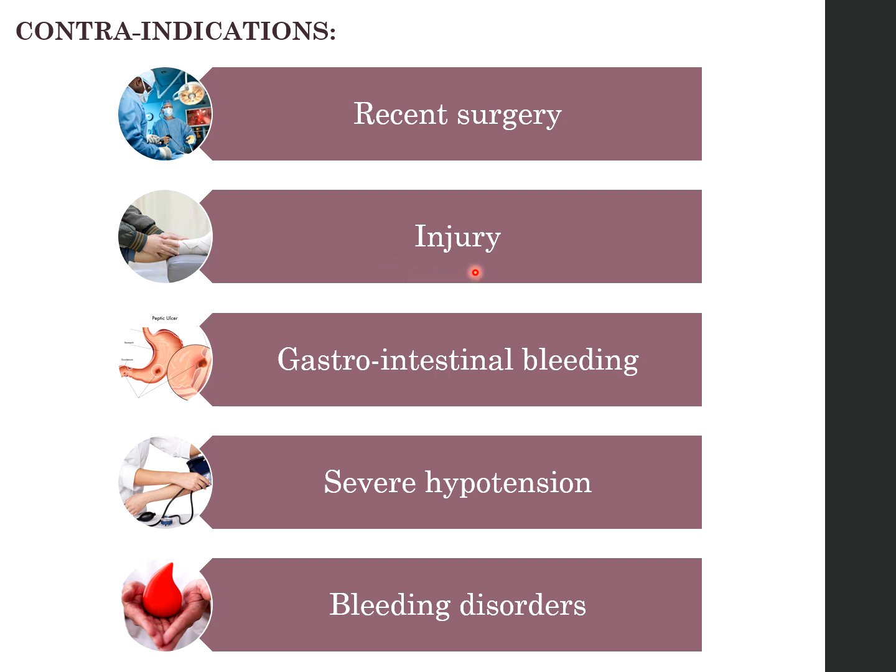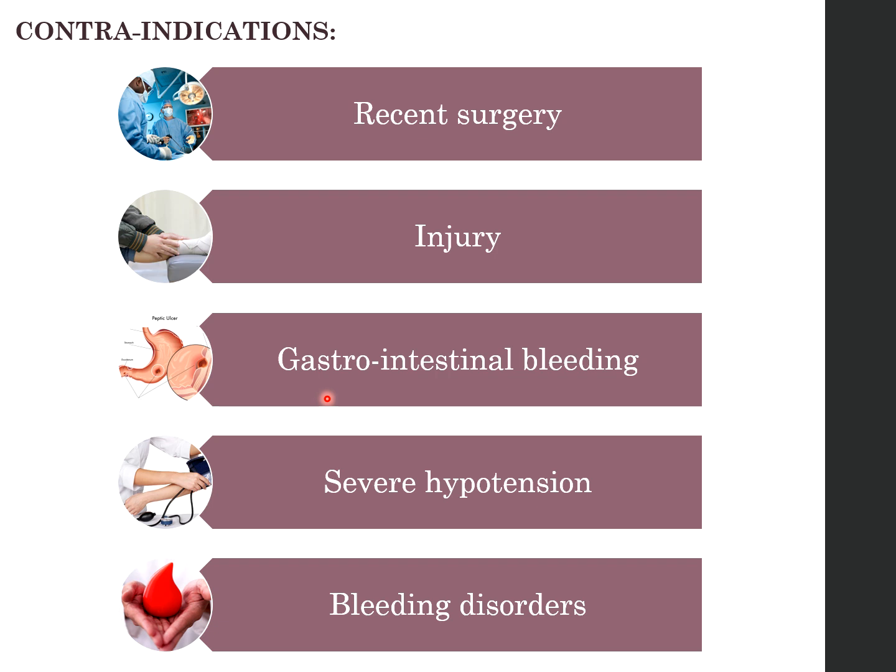Also in injuries, when there is a lot of bleeding, we usually give coagulants. Thrombolytics act opposite to that, lysing the clot and increasing the bleeding, so we should avoid them in injury.